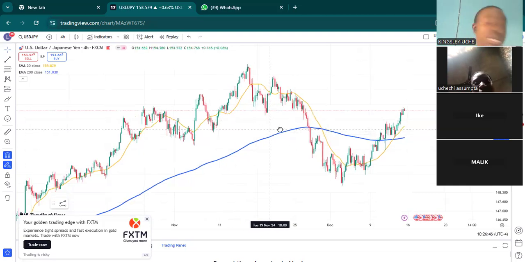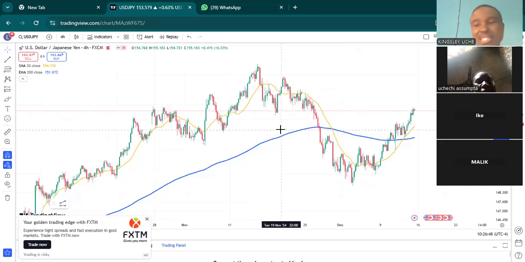Now, as I said, we're going to start with the first phase of my strategy. I used to say I trade just like the banks. Banks trade the way I do, but theirs is more complex, so I try to tweak mine so that it can be easy for us to use.